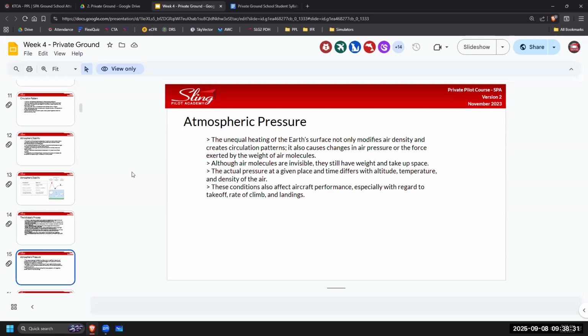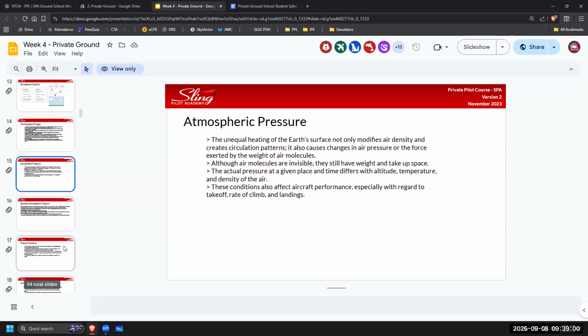Do we remember what the 3 H's are? Nobody? Go. The heat, humidity, and height. Yes. Heat, humidity, and height, which we're talking about here. Heat, temperature, height, altitude, and density of the air with humidity. Because humidity is going to be that added moisture to the air, right? That added water molecules to the air. So this is just talking about how these conditions affect takeoff, rate of climb, landing, performance.